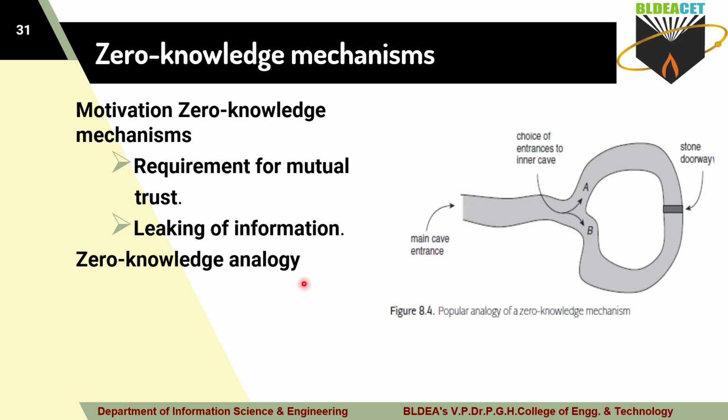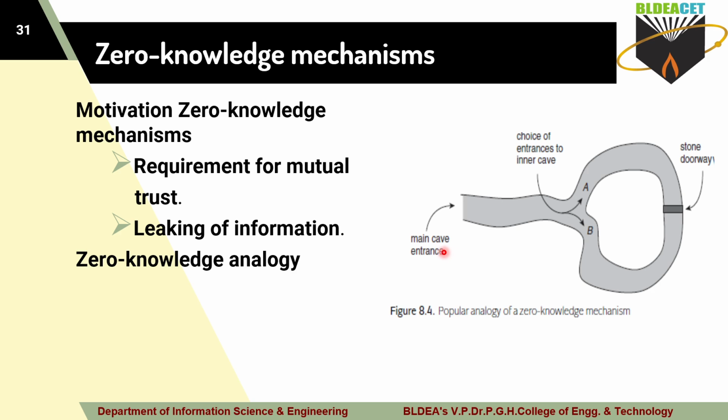For example, if you are the client and you want to communicate with the server, you can't communicate directly here. Before that, one person comes in between the client and server. That person you call a verifier. That verifier will verify the identification of the client, and after verification, if everything is correct, only then does it allow that person to communicate with the server here. That is what we call the zero knowledge analogy here.